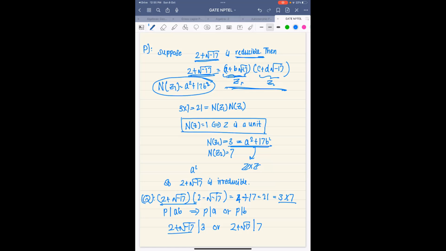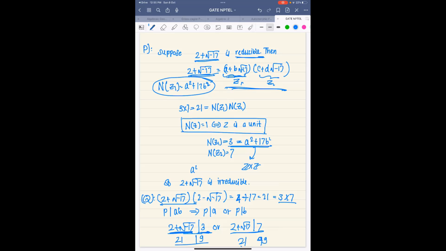So norm of this thing is 21 and norm of this thing is 9. If this divides this, then norm of this divides norm of this, but this isn't true. So it cannot happen that 2 plus square root of minus 17 divides 3. What about this? Norm of this is 21 and norm of 7 is 49.